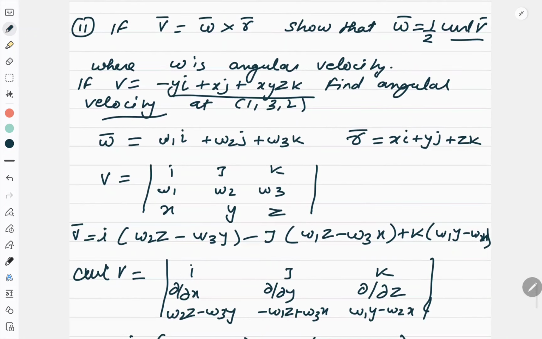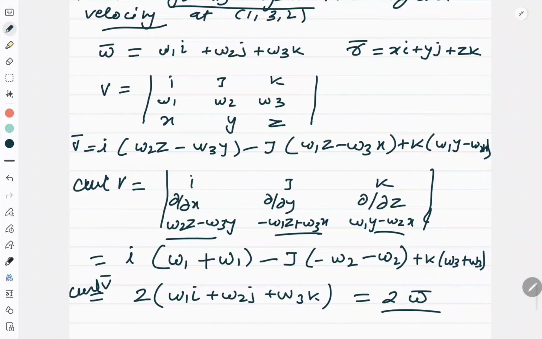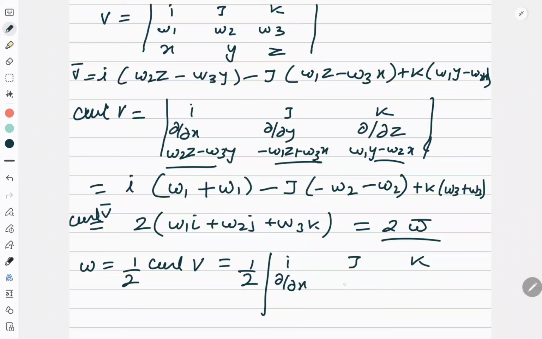So what you have to do? This one is the value of v, I know now the v value. So in place of this, I will be substituting the given values and I'll get the answer. So omega is equal to 1 by 2 curl v. And what is curl v? i, j, k, dou by dou x, dou by dou y, dou by dou z.